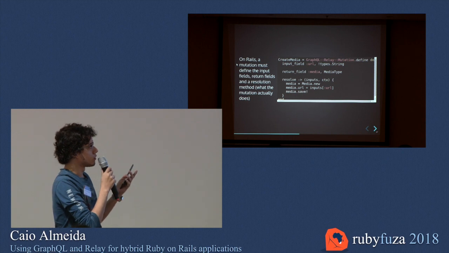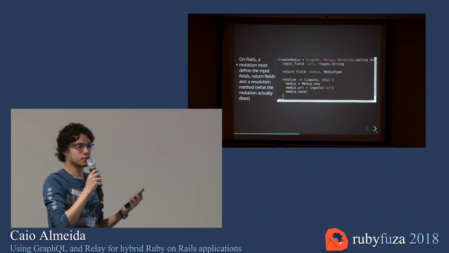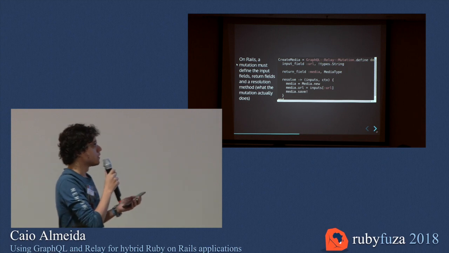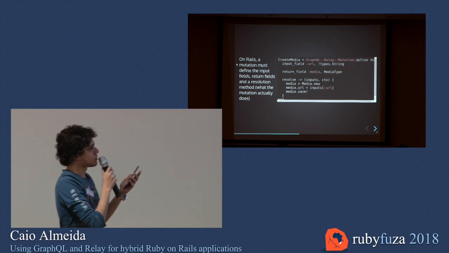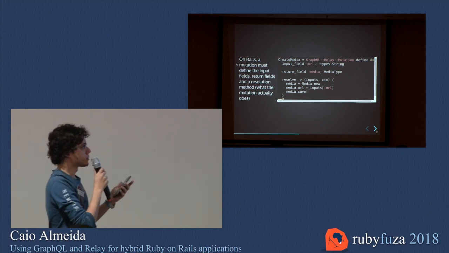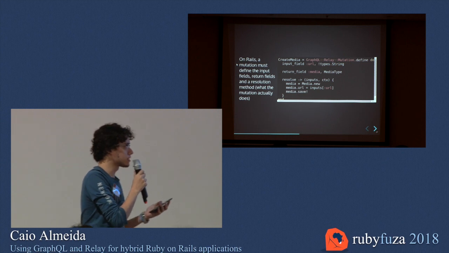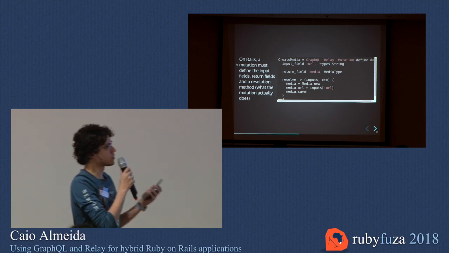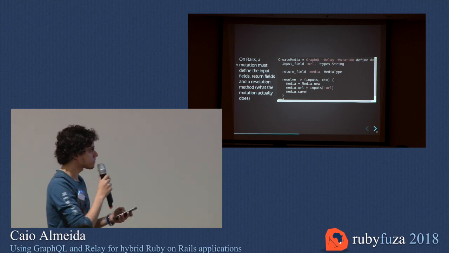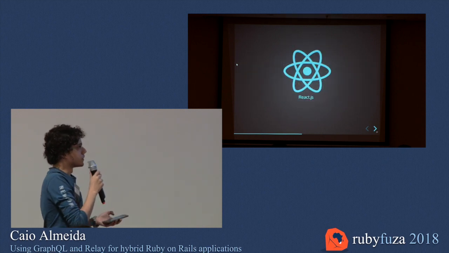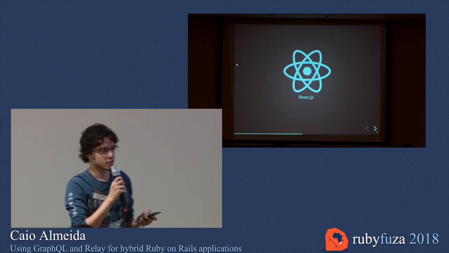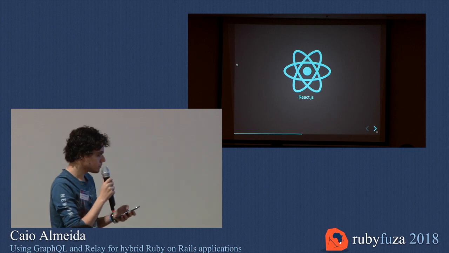Then the return fields, which are the fields that the front end can ask for as a result of that mutation. And then the resolve block, which is what your mutation actually does. In my resolve block, I'm just instantiating a new media class, setting the URL to the one that was passed as an input parameter, and then saving it in the database. And that's almost it at the highest level as far as the backend is concerned.